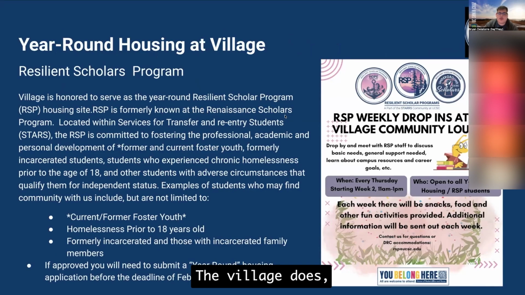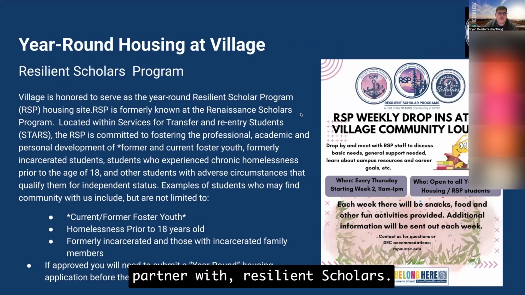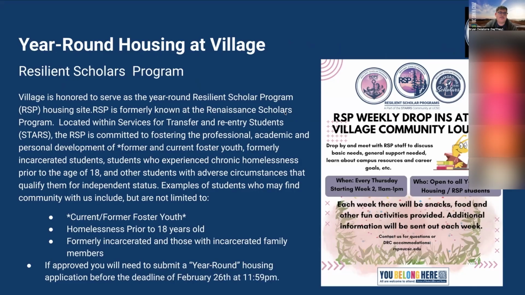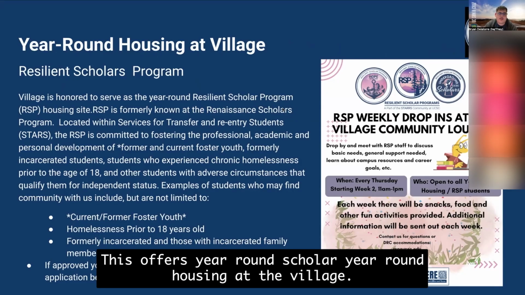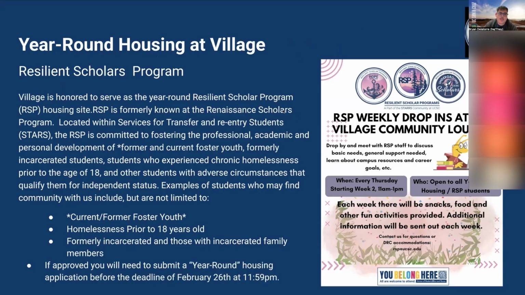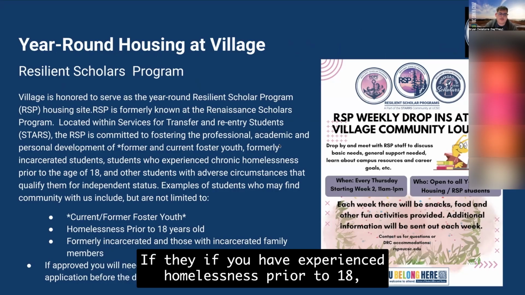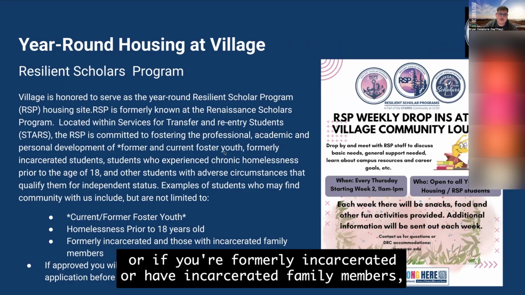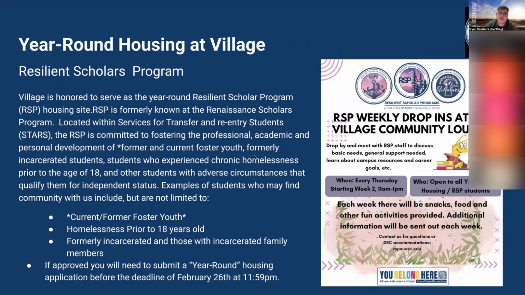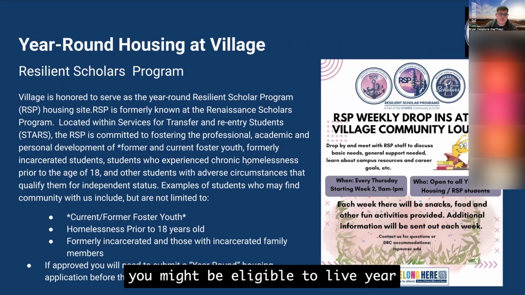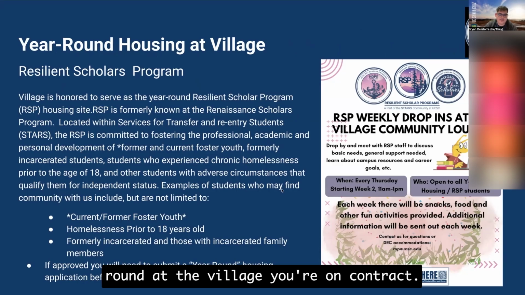The village does partner with Resilient Scholars. This offers year-round housing at the village. The Resilient Scholar Program serves students who are current or former foster youth, if you have experienced homelessness prior to 18, or if you're formerly incarcerated or have incarcerated family members, you might be eligible to live year-round at the village.